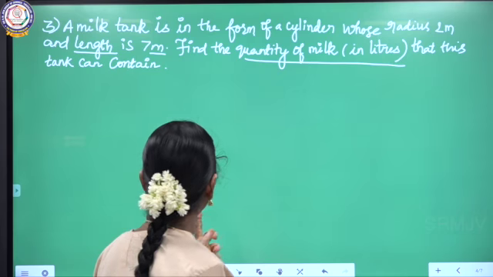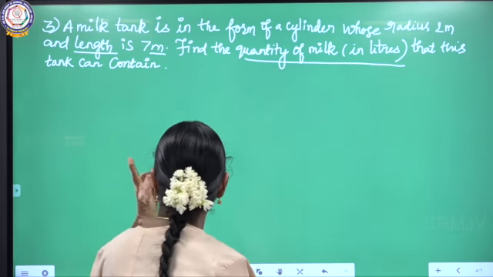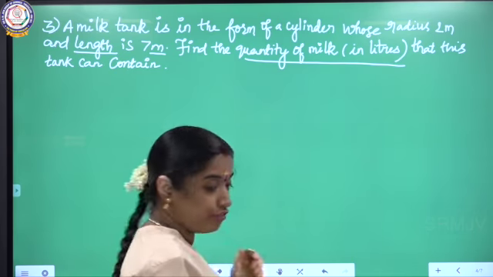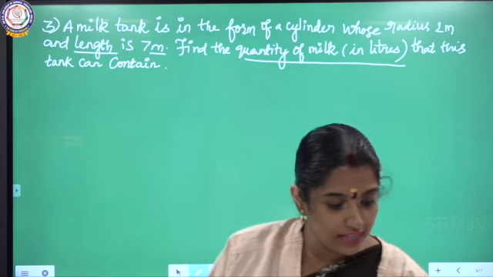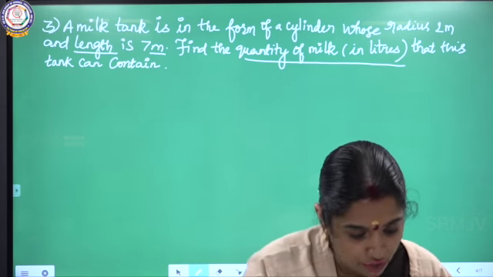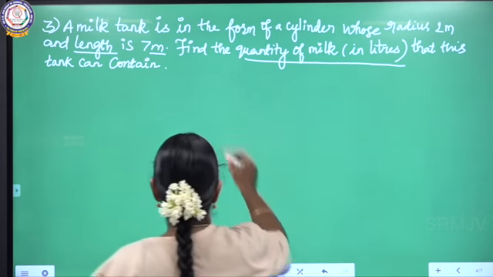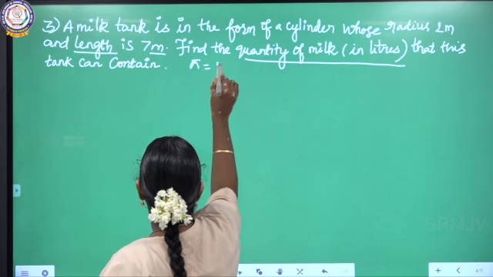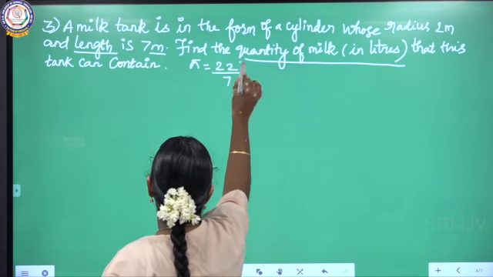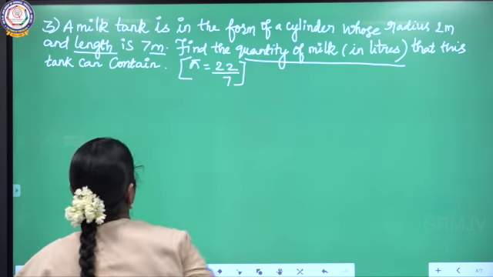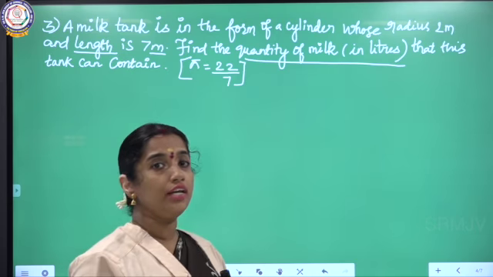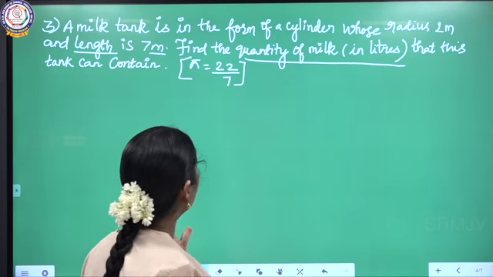I am going to take pi to be 22 by 7. Can you clear this?